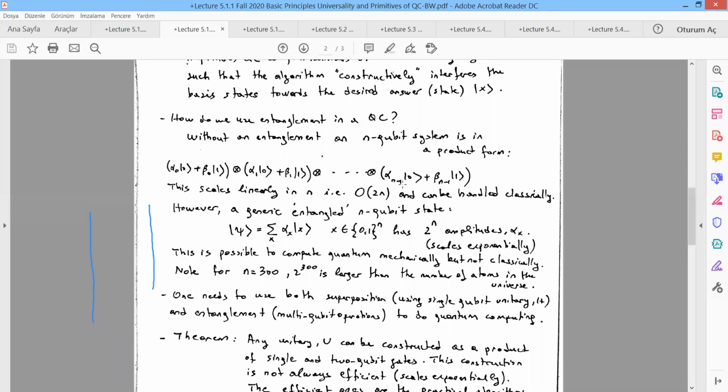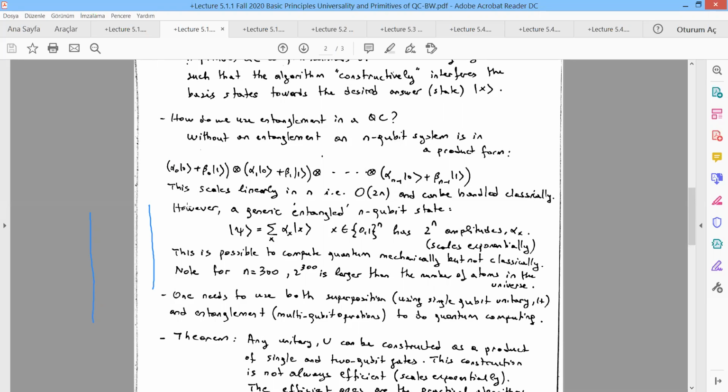So this is a product state, and this kind of state scales linearly in n. To represent one of these qubits, all you need to do is store alpha 0 and beta 0. If you store these complex coefficients for each qubit, there are 2n of them. So classically, without entanglement, you're not really getting any speed up by using quantum mechanical systems.